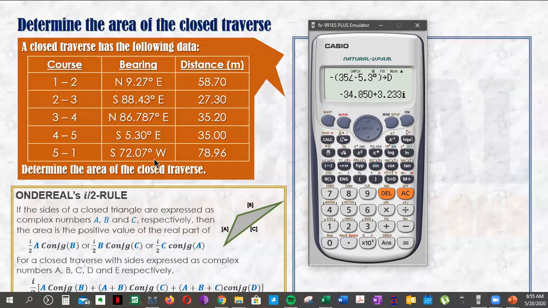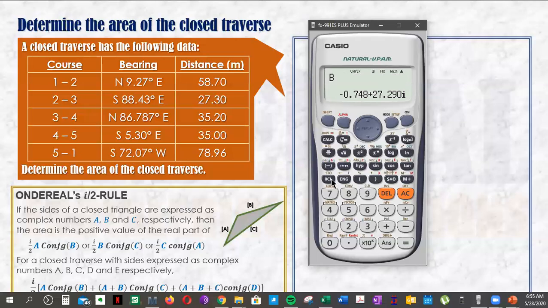And the fifth one is southwest. So for southwest, there's no negative in the angle. Only the one outside is negative. 78.96, angle negative. No, there's no negative here. 72.07. So I'm going to store this to E. I think I've stored them all.